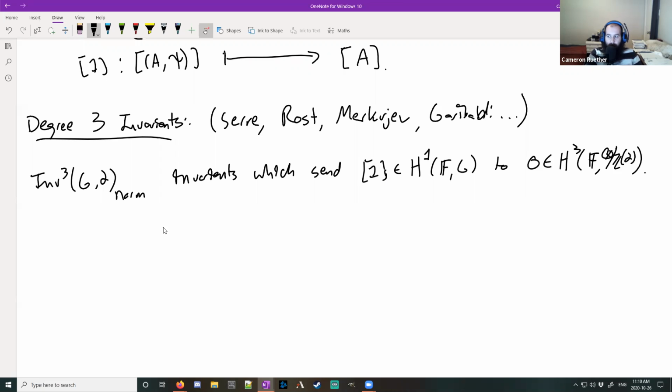We can restrict to these because there's a nice decomposition. All the invariants can just be considered as a normalized invariant plus a constant, where it would send the trivial torsor.